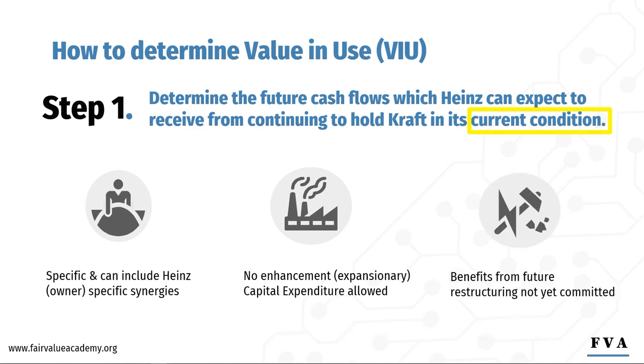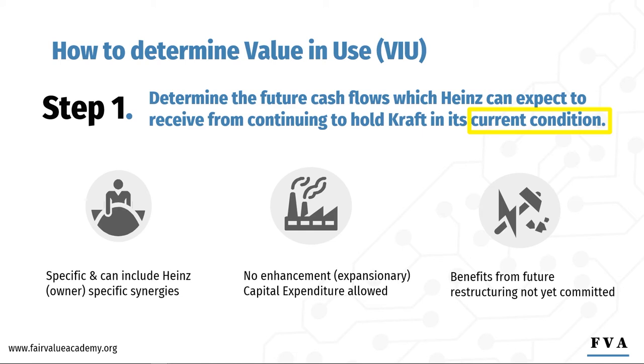And lastly, benefits from future restructuring to which Kraft is not yet committed should not be reflected under VIU basis. For example, unless it was approved by the board of directors, cost savings from plans to downsize and retrench workers will not be allowed to be reflected in the future cash flows under VIU basis.